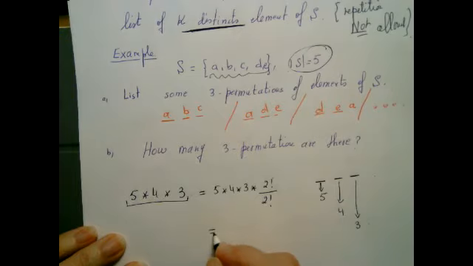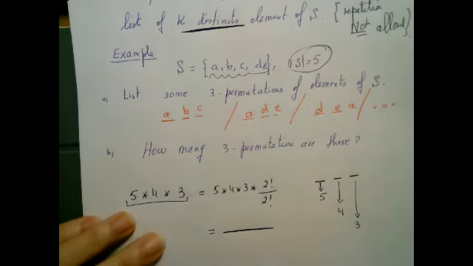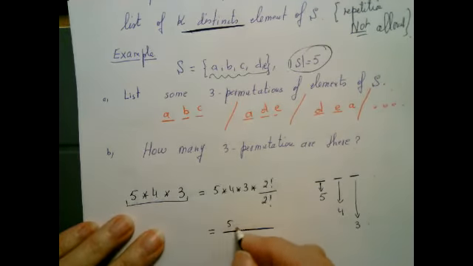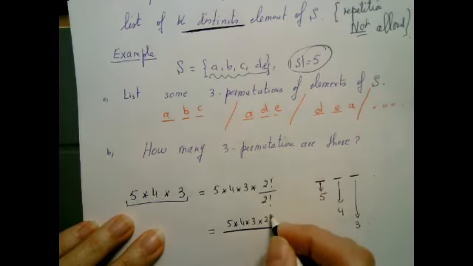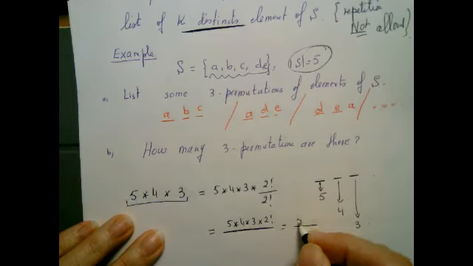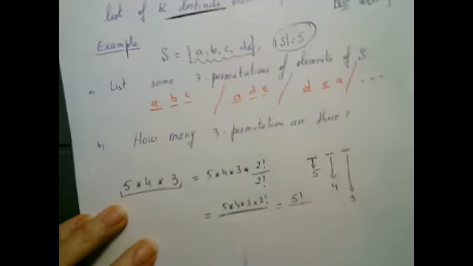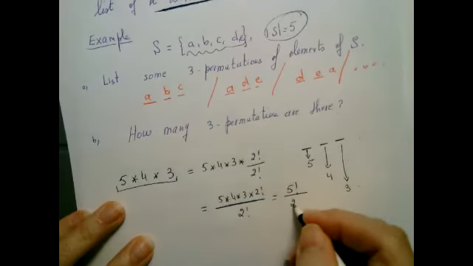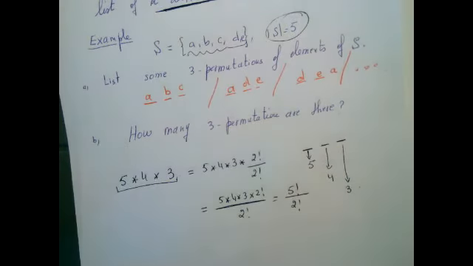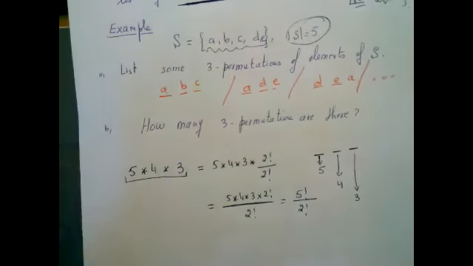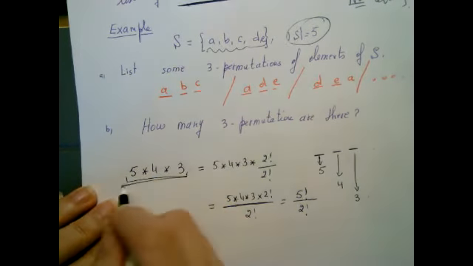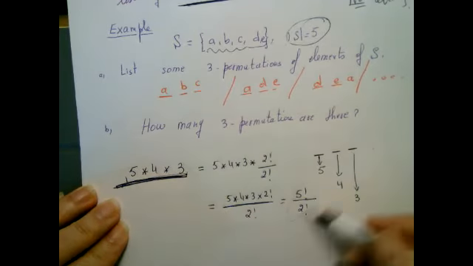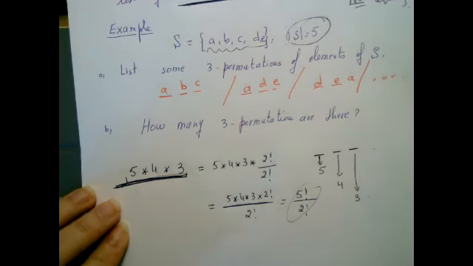But the benefit is that I can rewrite this in a more compact way. My numerator, 5 times 4 times 3, when multiplied by 2 factorial, becomes 5 factorial, and my denominator remains 2 factorial. So that's another way to write this expression. I do this because we're going to see a formula based on this idea. But so far, that's the permutation. You don't even have to memorize anything. That's really the multiplication principle.